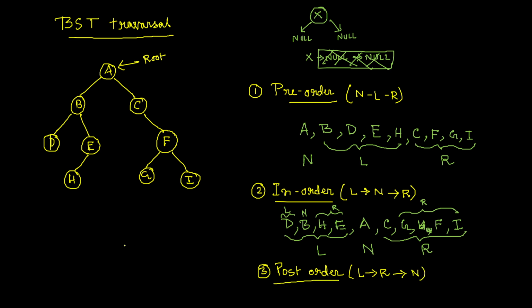So with respect to the first tree, first B will be printed, then its right child C will be printed, then only A is possible to print. So it is very sure that the actual root of the tree will be printed last.